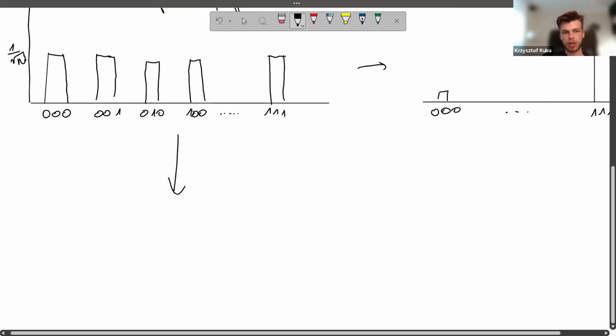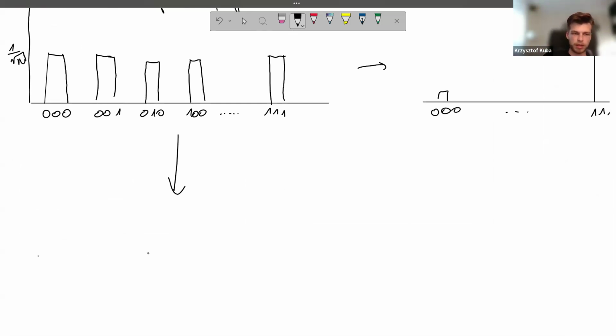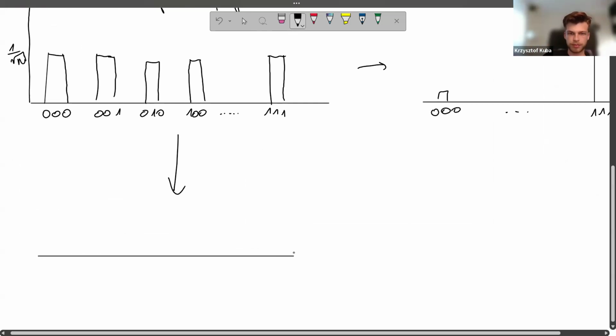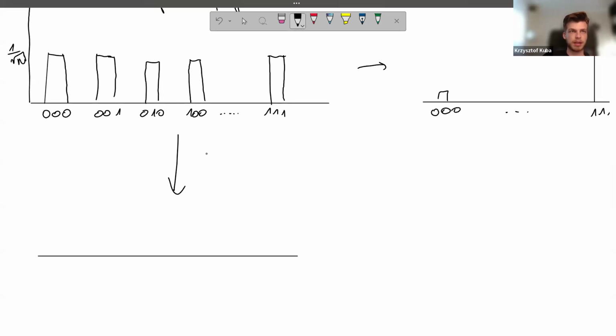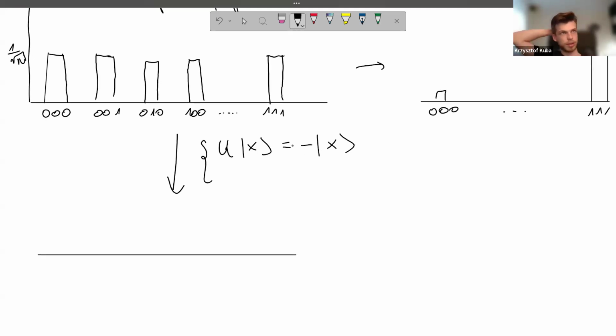So if we now try to implement the first phase flip with an oracle, a very special oracle, that applies, let's say, a unitary gate U on some value x, this will return the minus value of that state with the phase flip, as you learned on Monday.